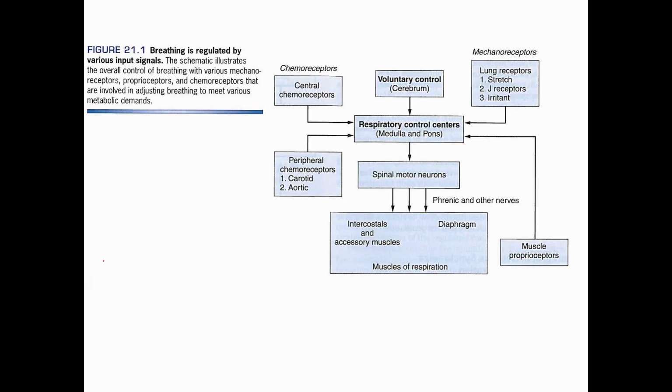Here's another diagram talking about all the inputs to the respiratory centers, and in this case, it's putting the medulla and the pons together. So there are all kinds of stretch receptors in the lungs and irritant receptors. If your lungs are highly stretched out, that will inhibit respiration so that you will exhale.